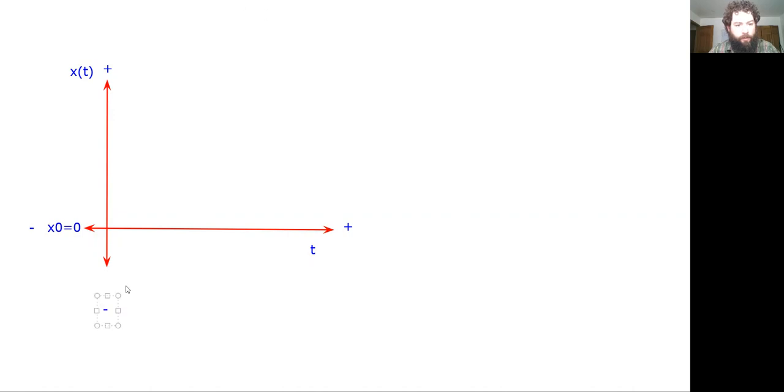And then here, this is where t equals 0. Okay. So there, we've defined our coordinate system for one-dimensional motion, where we can see x, the position, as a function of time in relation to time.